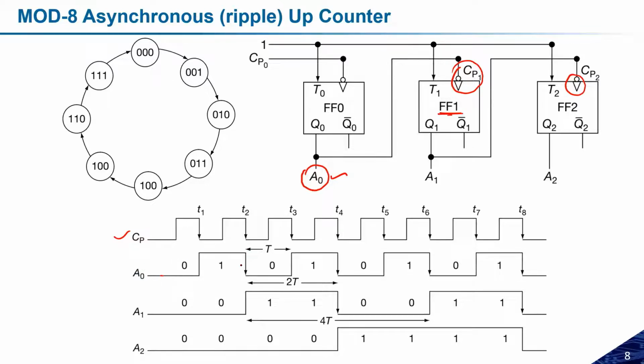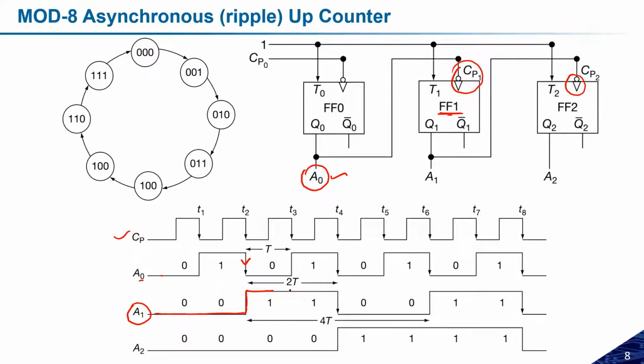So this falling pulse will act as a clock for FF1. A1 will change its state only when there is a falling pulse at A0. Initially A1 was 0. Now it will change its state when there is a falling pulse at A0. So this is how it is going to change.